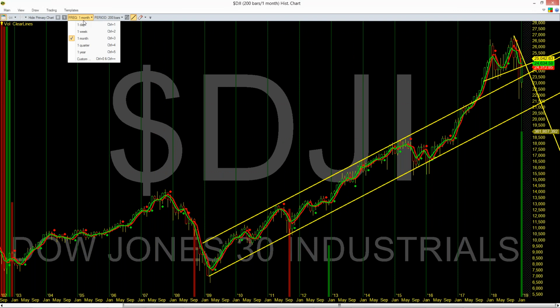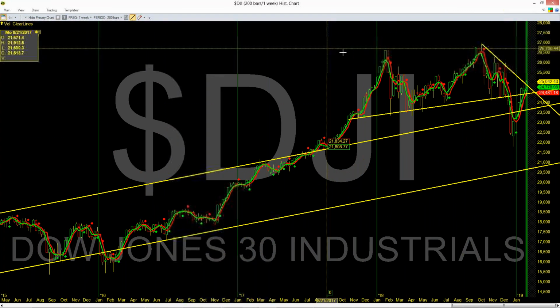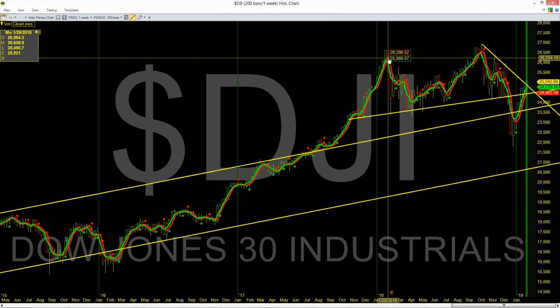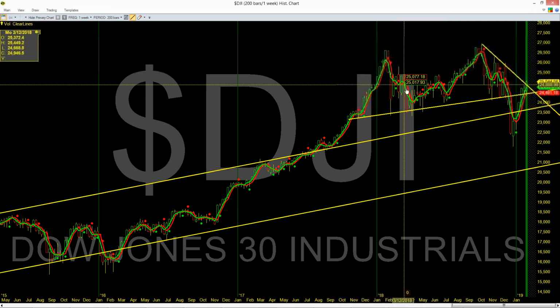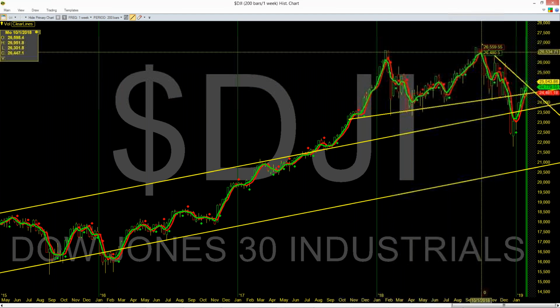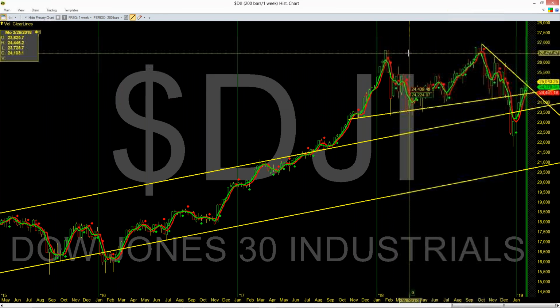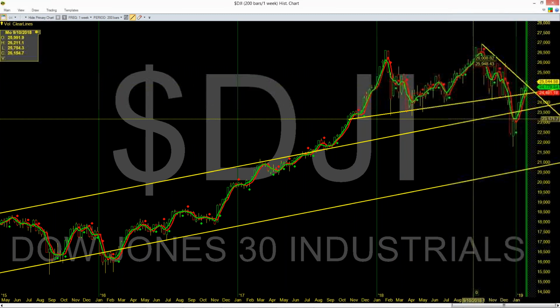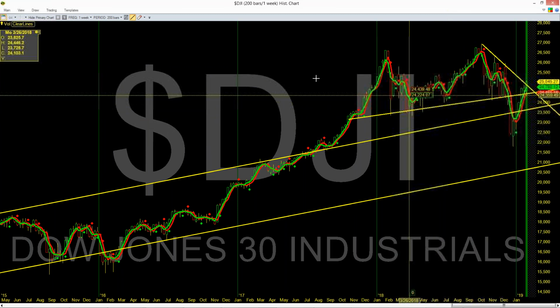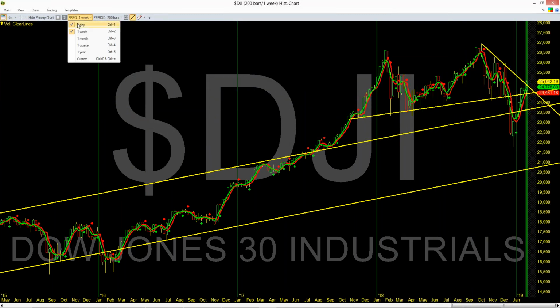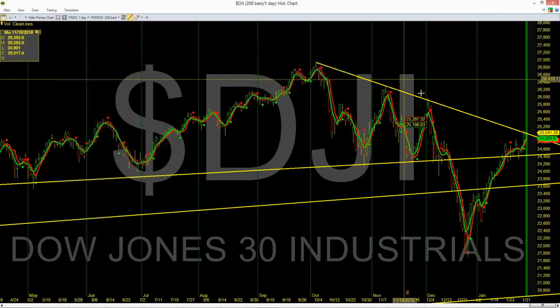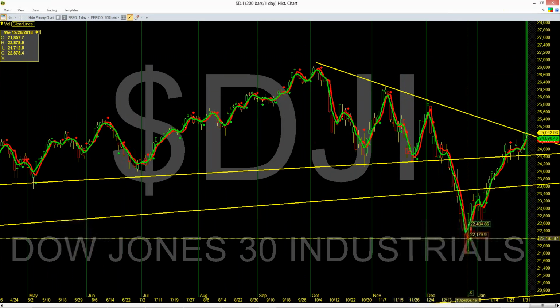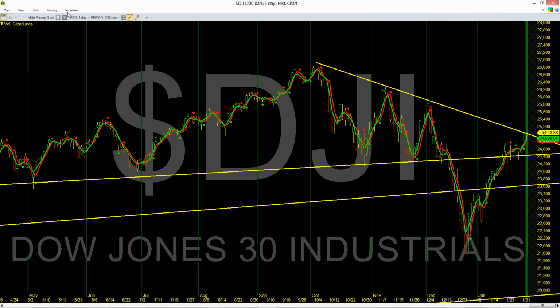So you can see on the weekly, we had a top here back in January of last year, and then we had another top back in October. That was a double top, and I drew this line, and we didn't come all the way down to the bottom.